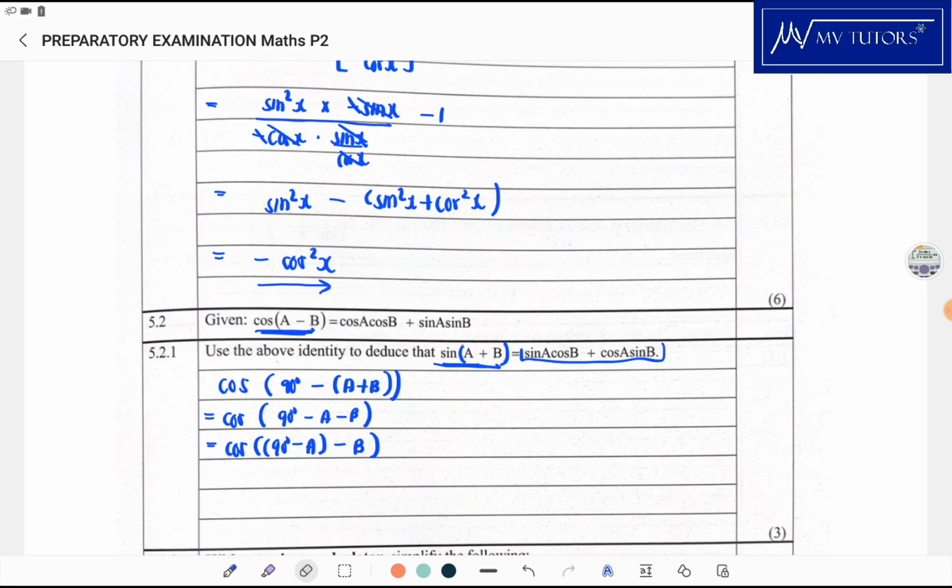Remember with the cos identity, I'll have cos(90 minus a) times cos b. Cos, cos, sine, sine, and because I have a negative here, I'm going to have a positive in my answer. So I have sine(90 minus a) times sine b.